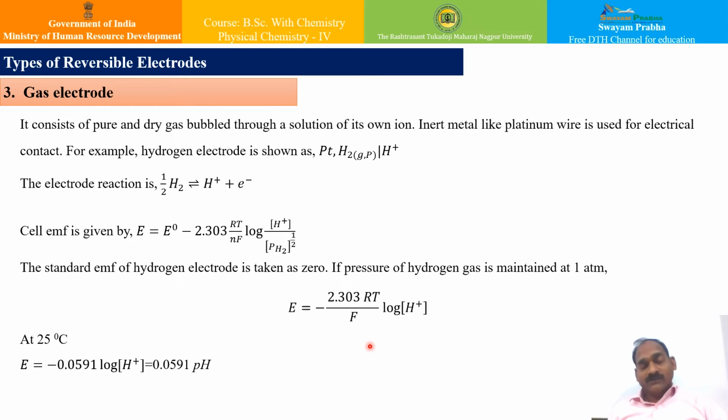Okay, but you can also say that some other electrode reactions involve a gaseous species such as oxygen or chlorine. Such reactions must also be carried out on the surface of an electrochemically inert conductor, say in this case platinum. So this gas electrode is also very important, and we can see many numericals based on this particular concept.